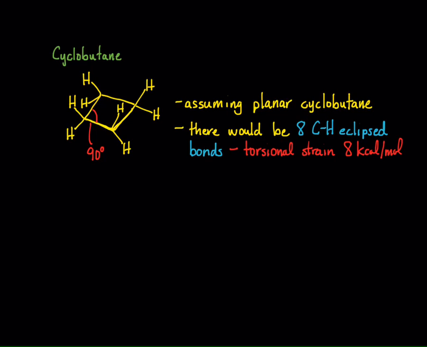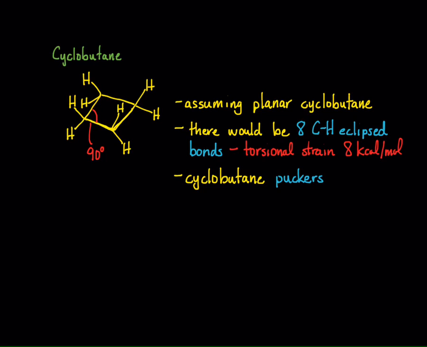The problem in terms of analyzing the energy or the angle strain of cyclobutane is that now that we've added one more carbon, we actually give a little flexibility to that ring, such that cyclobutane puckers, right?